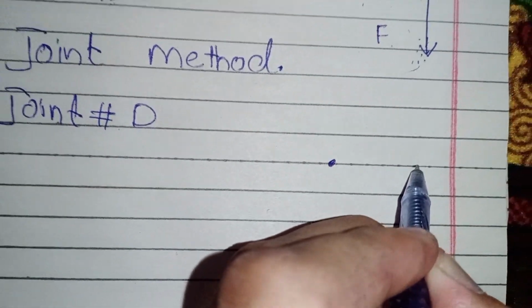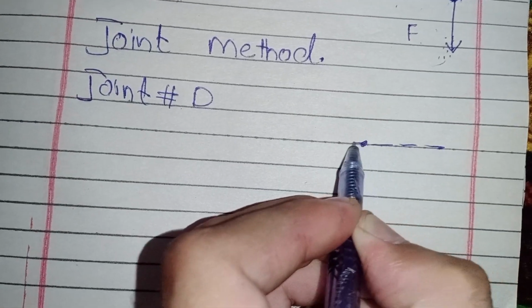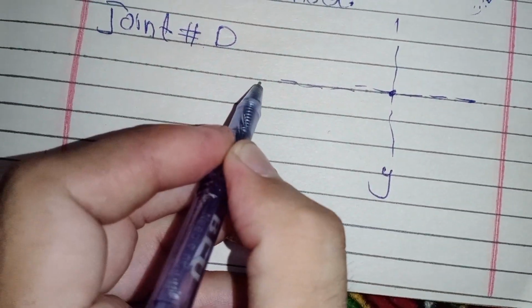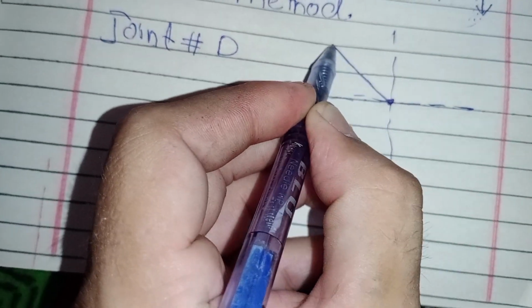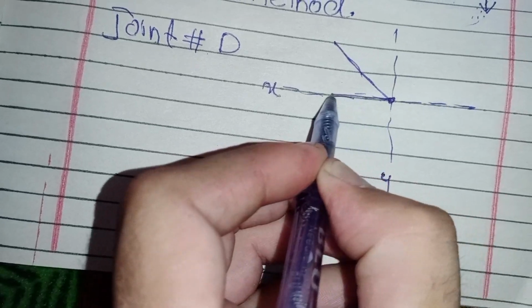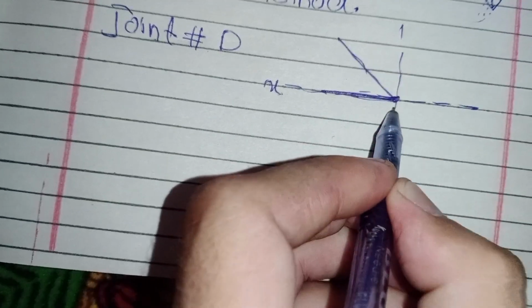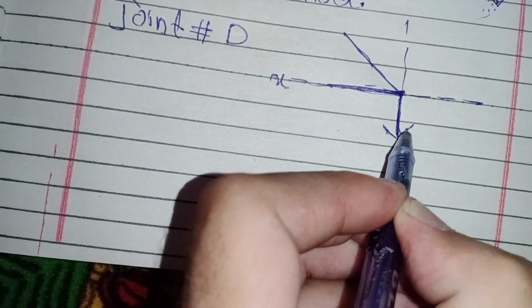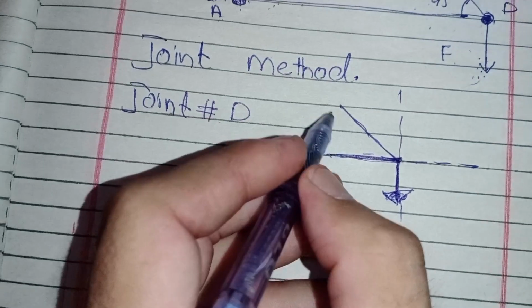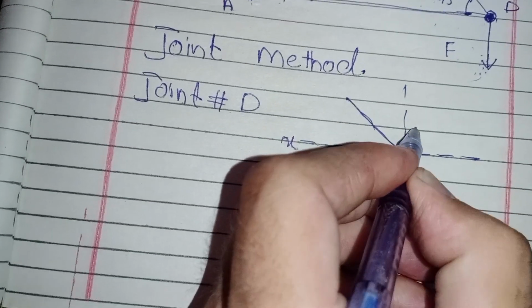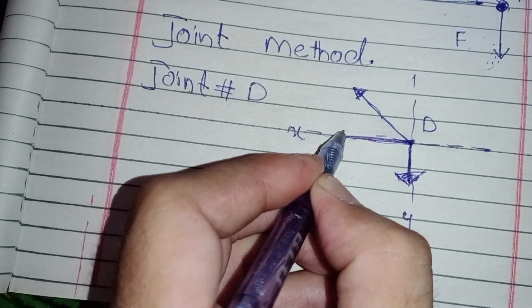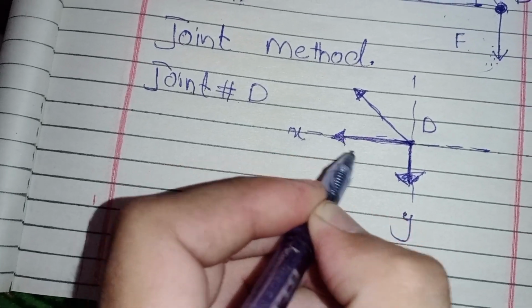I draw it in the XY plane. This is the X and Y plane. Okay, so there is this force, this force, and also this force. I assume that this is joint D. I assume that this force is in tension, and I also assume that this one is in tension.